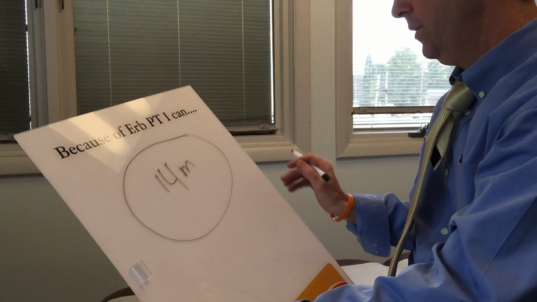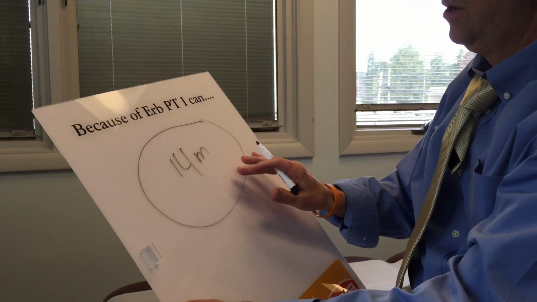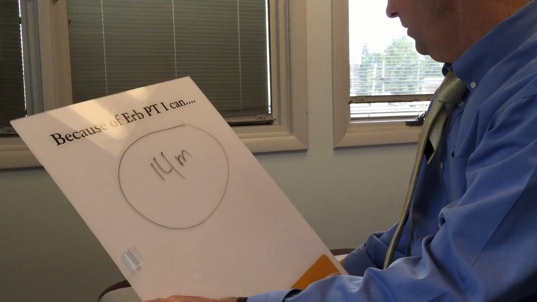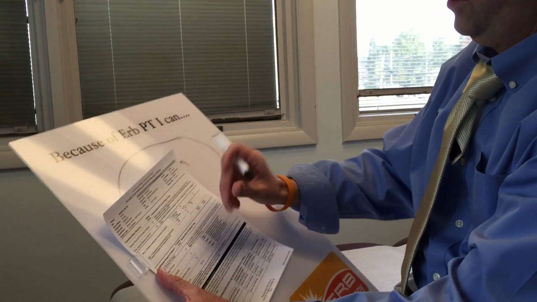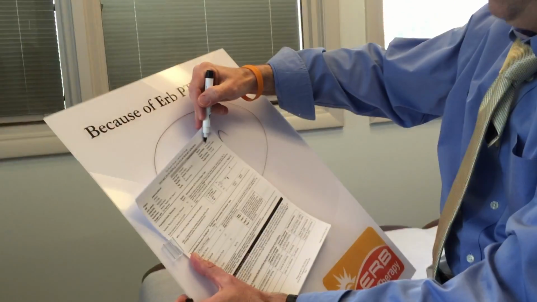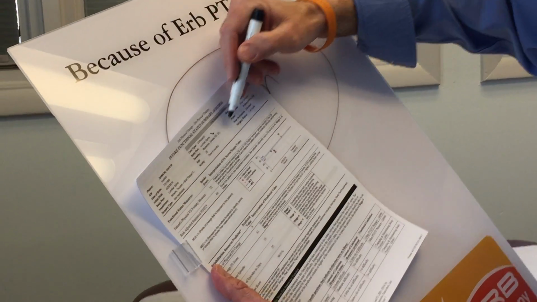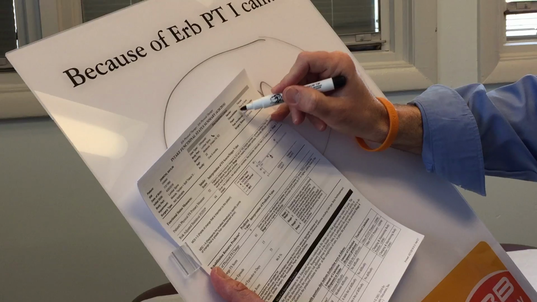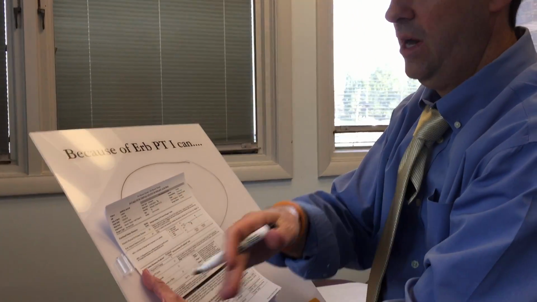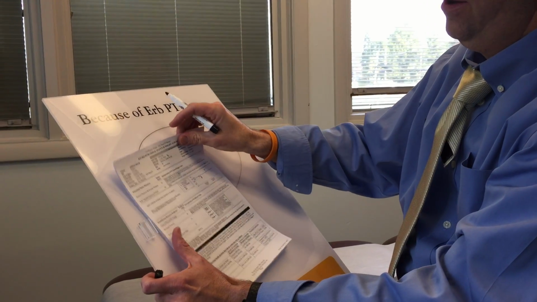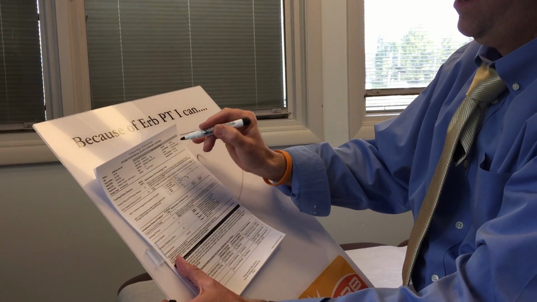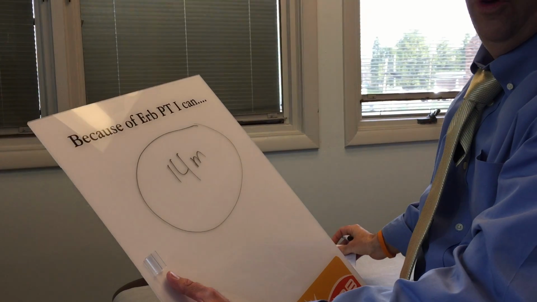So what we do is we don't care about all these 14 million surveys. The only ones we care about are the 25-year-old females that look just like you, that have your problem of the lumbar spine pain and we plug in your comorbidities. So like if you have diabetes, if you have high blood pressure, things like that, we're going to plug all that in there. And so now we're comparing you to other people who look just like you.